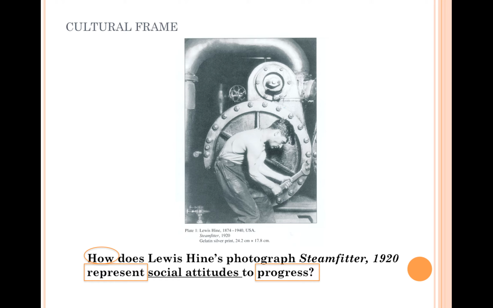So we have here how, the topic word social attitudes, and the focus word is represent progress. So how does this artwork represent any ideas or demonstrates ideas of moving on in society? And in this particular case, we're talking about the machine and engineering in regards to progress.